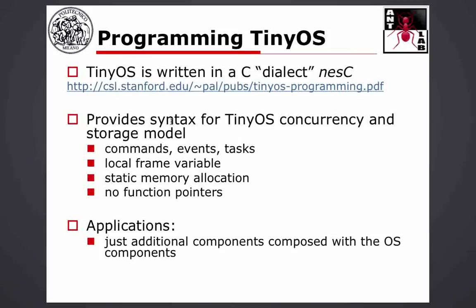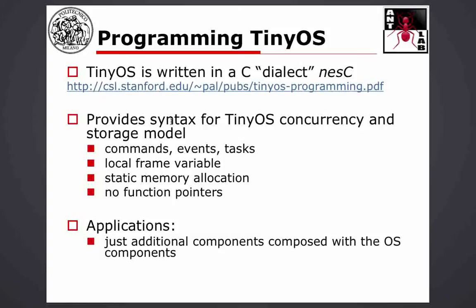Very intensive operations like Fourier transforms or other types of complex operations are not allowed, or better, they are allowed, but they take a lot of time to be executed. So you may not want to implement them on the sensor. And then there are other details that we will learn while we look at the code.